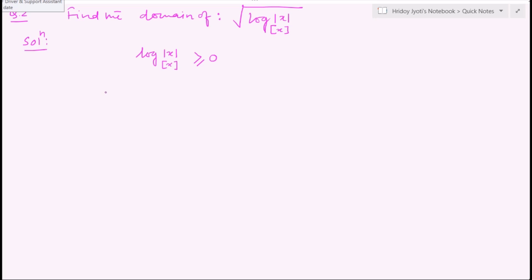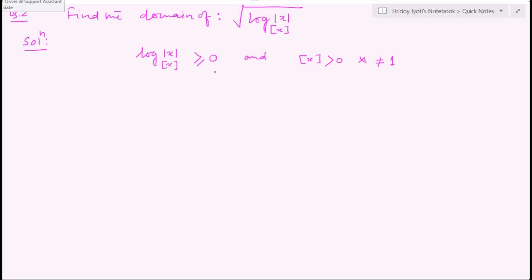Along with that, the greatest integer function has to be greater than 0 because it is there in the base of the log, and it should not be equal to 1. So the domain of this function will ultimately be given by the intersection of all these three.